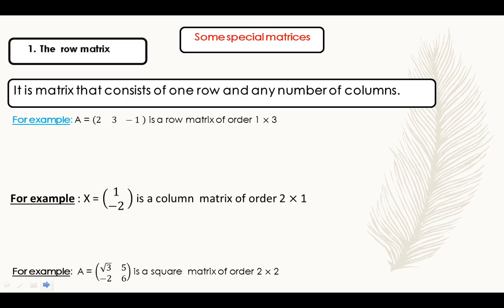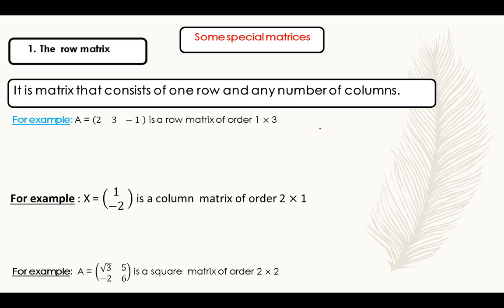For example, the matrix A is 2, 3 and negative 1. This consists of one row. This is a matrix of order 1 times 3, so this is a row matrix.